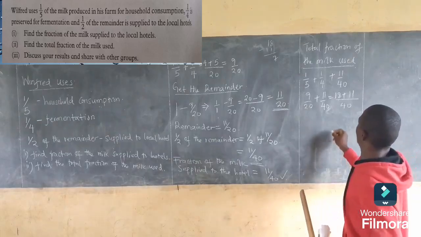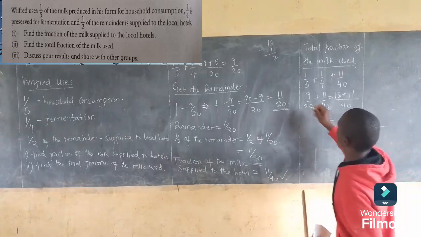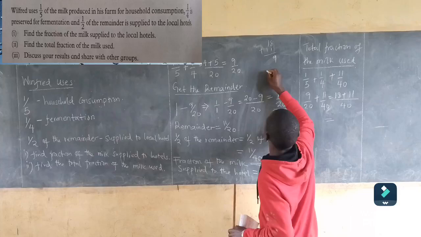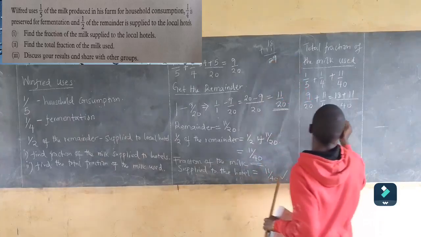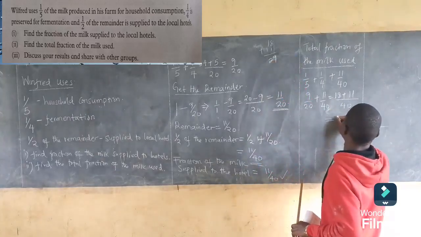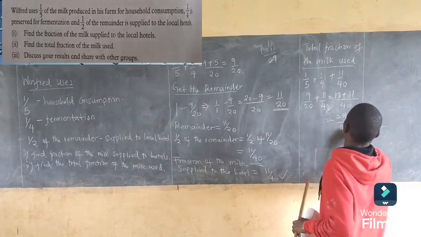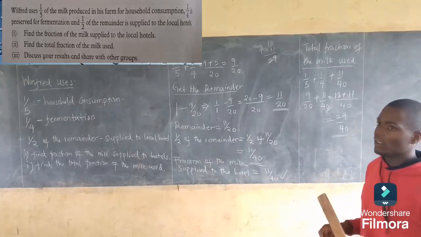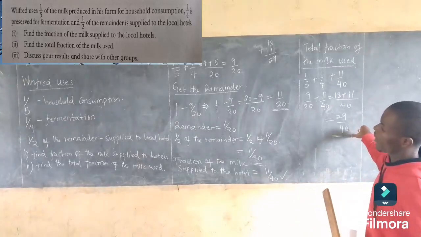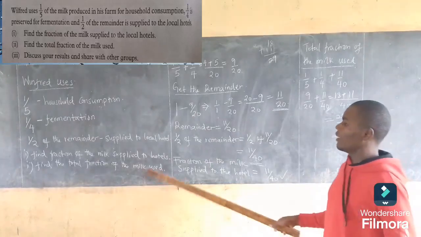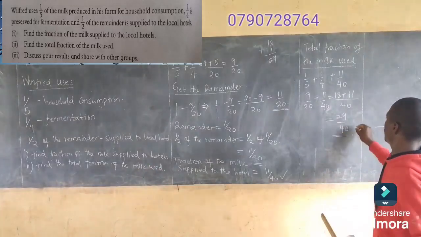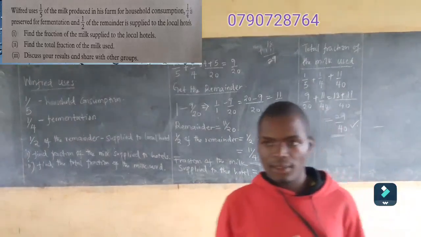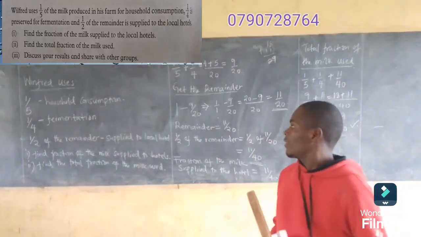So 18 plus 11 gives us 29 over 40. This is the total fraction of the milk that was used.